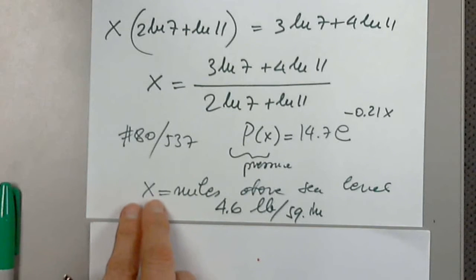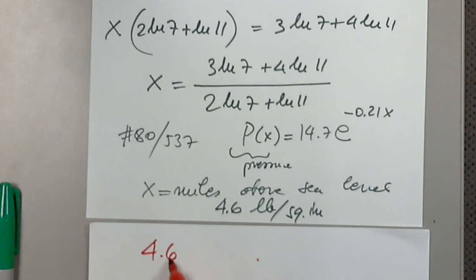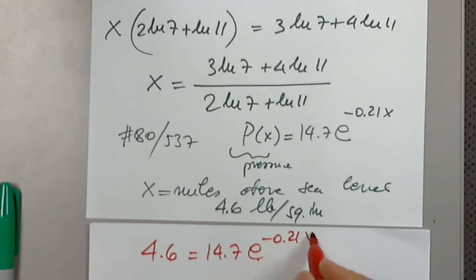We would like to determine how many miles that is above sea level. What is given? What am I solving for? Yes, we are solving for x. So what do I have to write? Exactly. 4.6 equals 14.7 e to negative 0.21x.